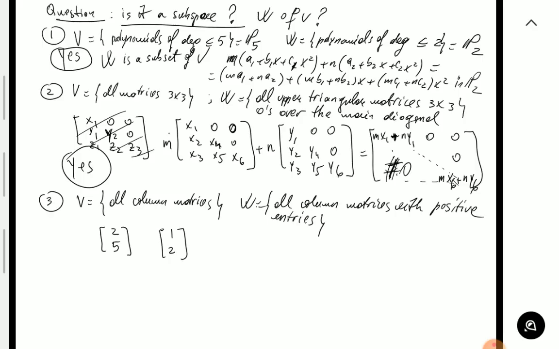Well, if I look at the linear combination using the scalar 1, plus the scalar minus 7, then the resulting matrix will be 2 minus 7, which is negative 5, and 5 minus 14, which is negative 9. All right, so obviously this is not in W the way I defined it. So basically, not a subspace.